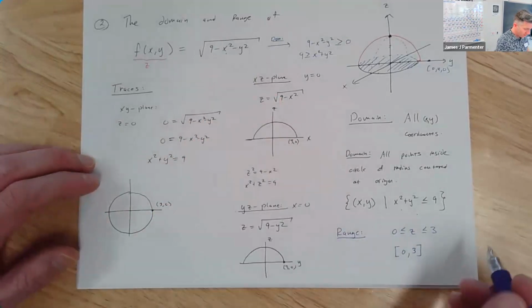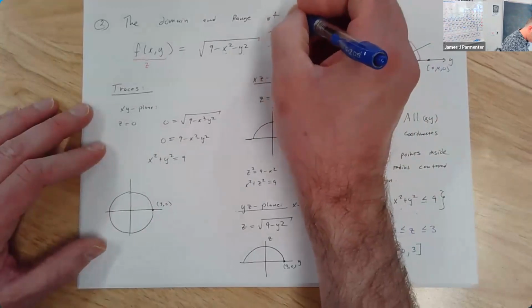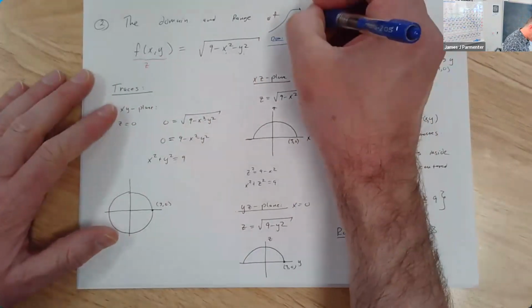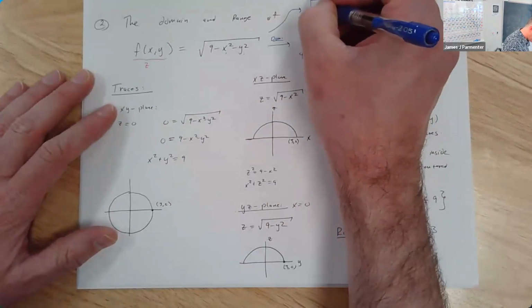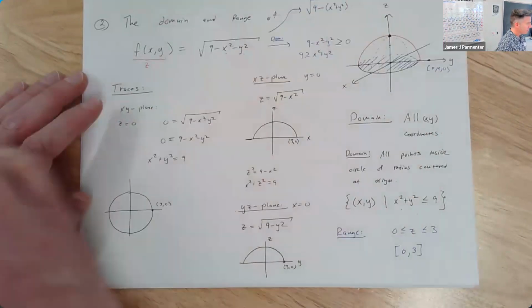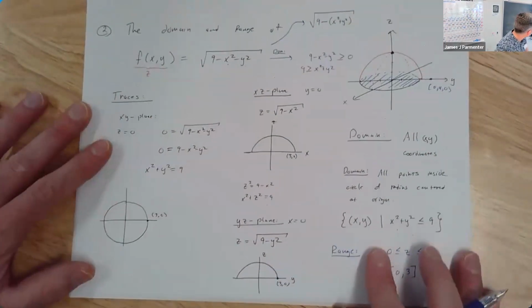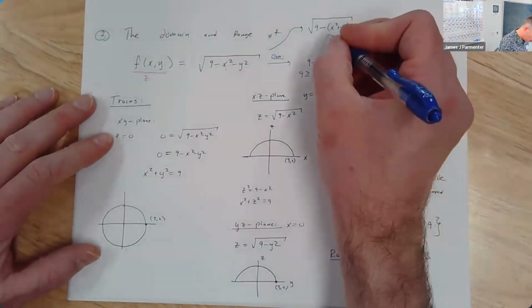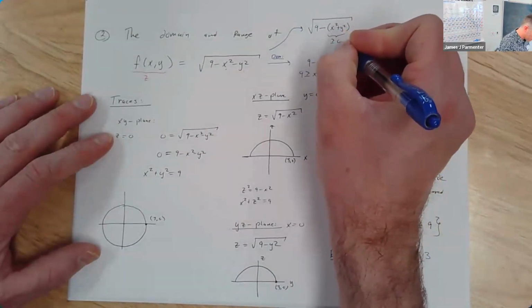The way I would view that, if you weren't drawing the graph, I would say, look, I've got the square root of 9 minus x squared plus y squared. And I know that x squared plus y squared is always greater than or equal to 0.